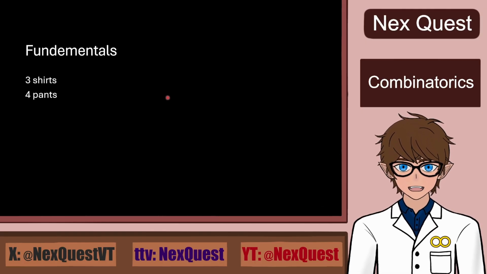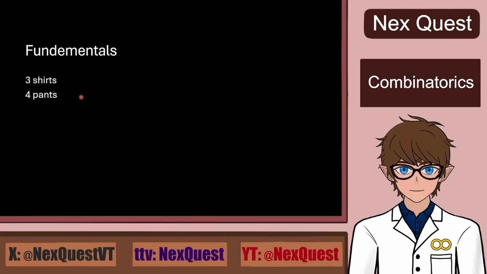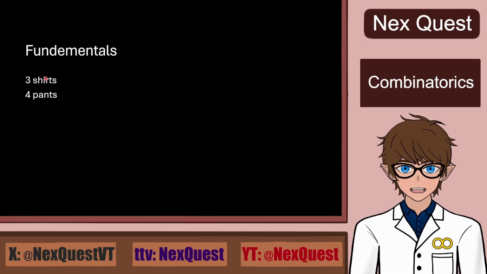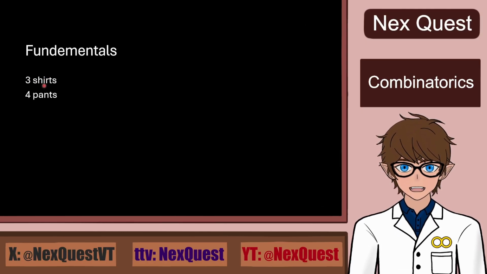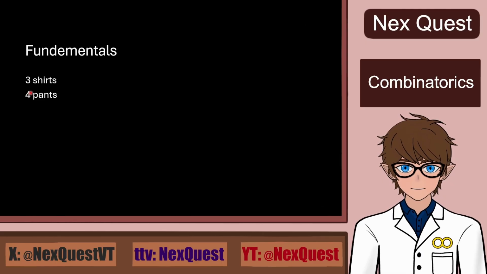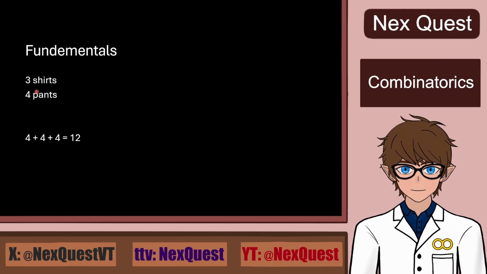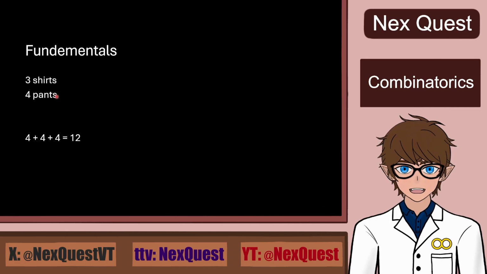So let's see this on a more everyday example, like dressing up in the morning, for instance. Our first action would be having a shirt, and second action would be having pants. We have three different shirts, 3 ways to have one, and we have 4 different pants, so 4 ways of pants. So let's find all the possible combinations between the shirts and pants.